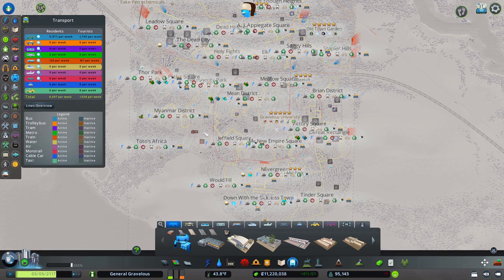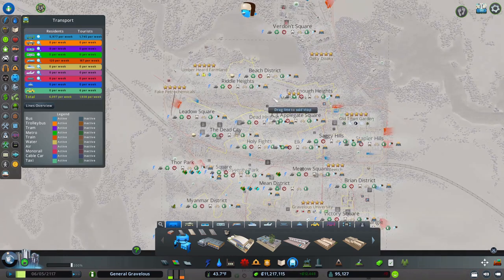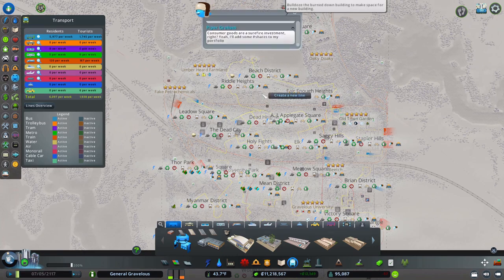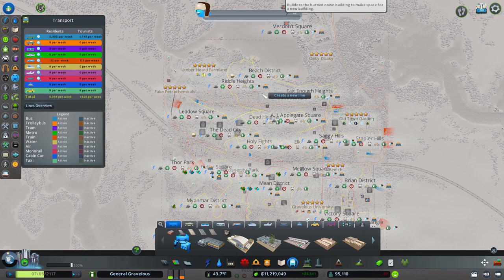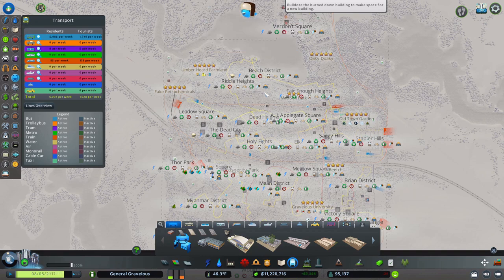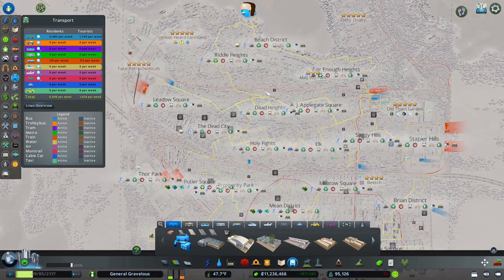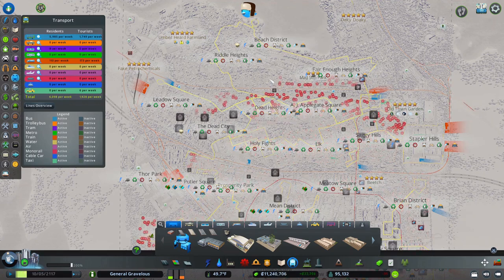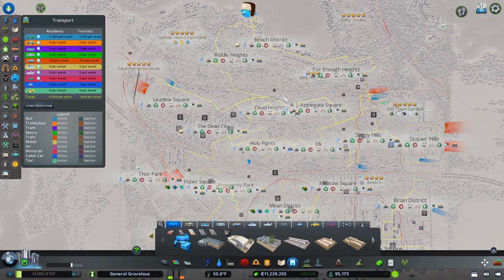Then the rest is pretty much that I took a look at each district and where the people from the district seem to be going to, and these yellow lines are the ones that use the basic roads with the rest of the traffic.